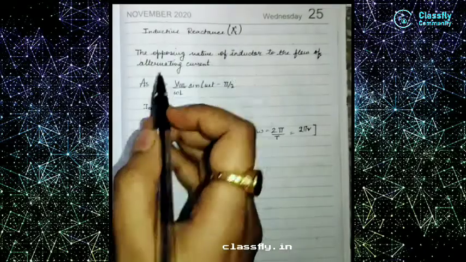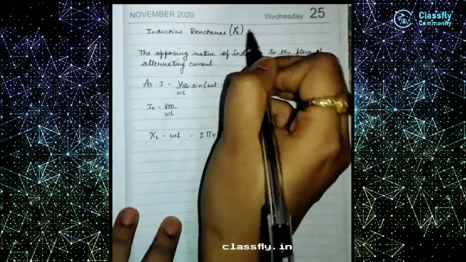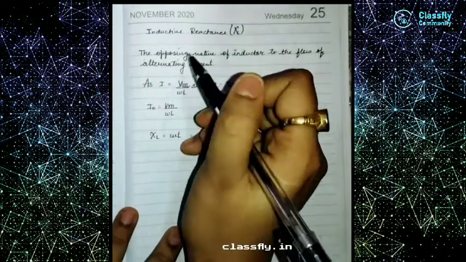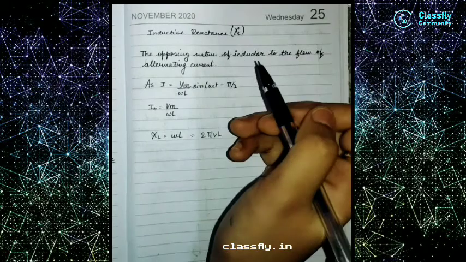Now we need to know the inductive reactance. Inductive reactance is denoted as XL. Inductive reactance is the opposing nature of the inductor to the flow of the alternating current.